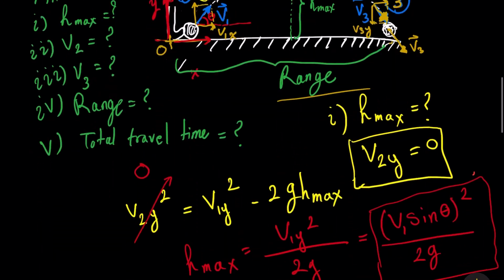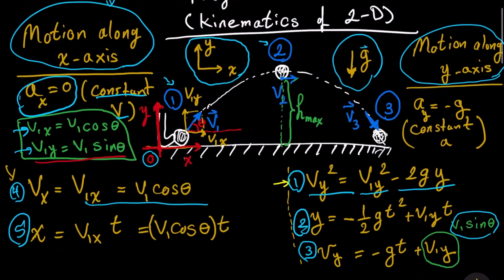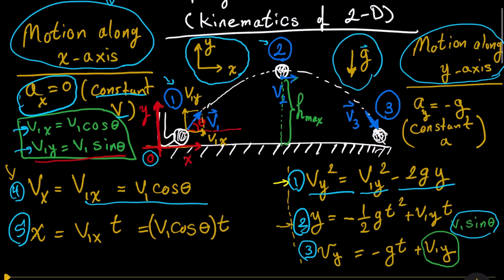Instead of doubling that time, I'm going to look at equation number 2, which gives us the elevation. And here the unknown, of course, is time. In this case, I can set that equal to 0 and solve for that time. But if it is below the origin in some problem, I can set that to a negative number, say it's landing below the origin, and again solve for time.